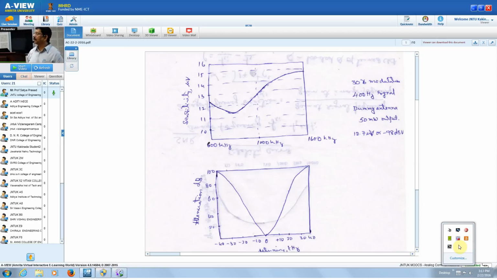And then image frequency on that way. Okay, so sensitivity.